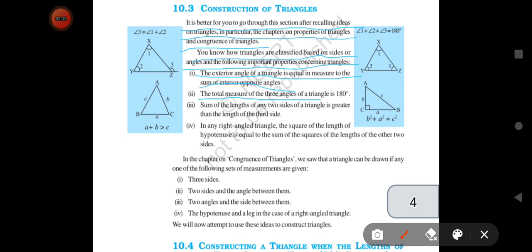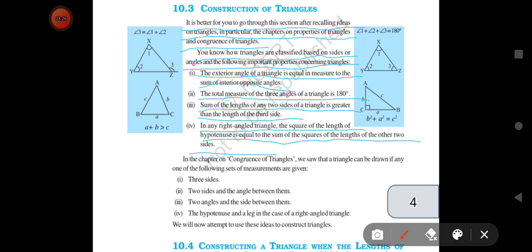The total measure of the three angles of a triangle is 180 degrees. 3. The sum of the lengths of any two sides of a triangle is greater than the length of the third side. 4. In any right angled triangle, the square of the length of the hypotenuse is equal to the sum of the squares of the lengths of the other two sides.